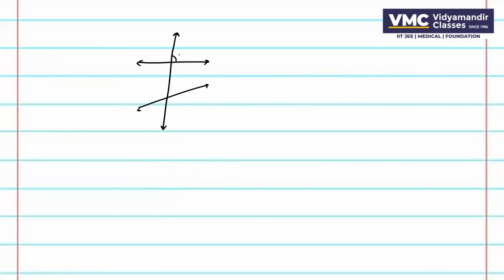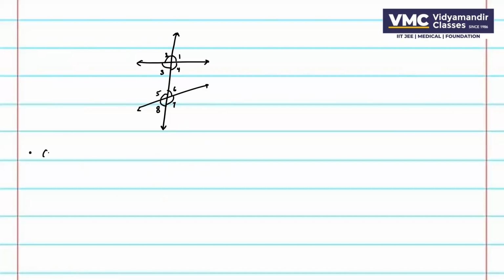You can check 1, 2, 3, 4, 5, 6, 7, and 8. These are the 8 angles that are forming here. A transversal forms 8 angles if it is joining any two lines.